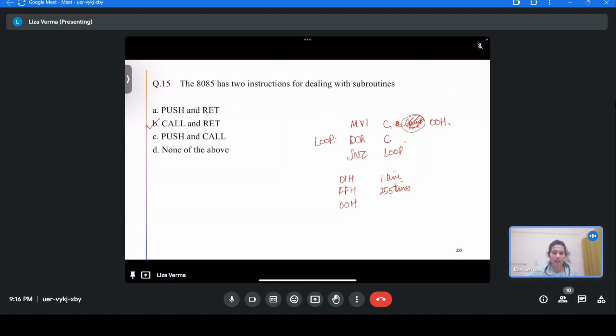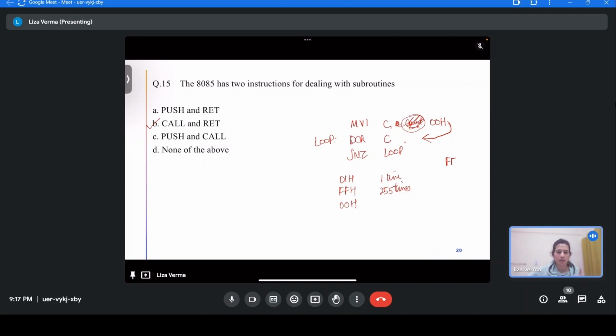You just had to think a little before answering. It executes 255 plus 1, that is 256 times. For the first time, it goes to the next instruction, which makes this FF. So for the first time the 0 becomes FF, the loop has already been executed once.